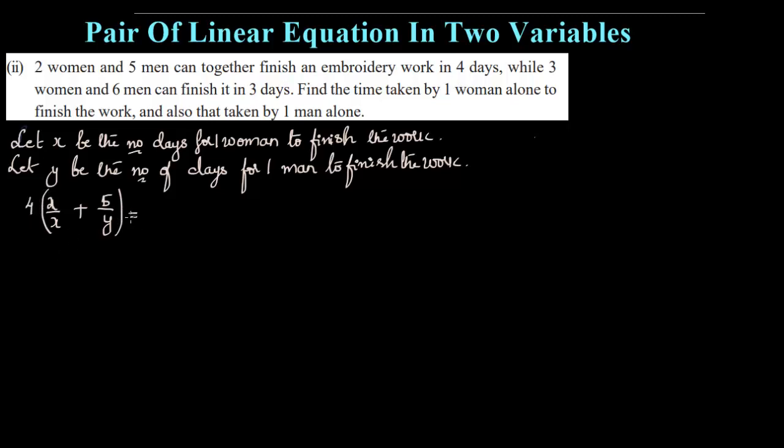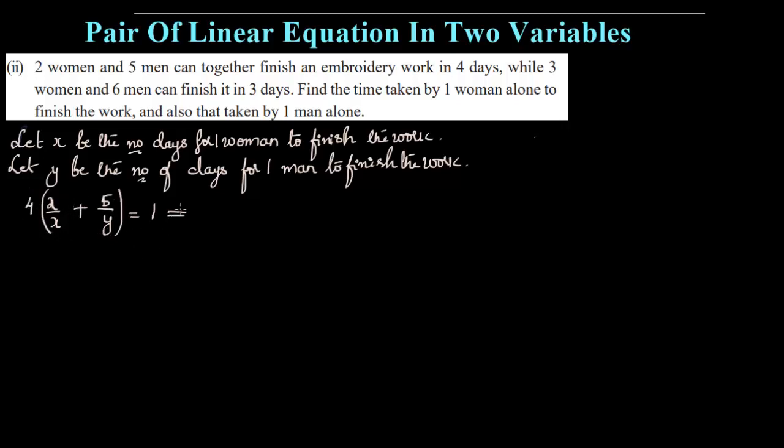And then it is equal to how much? It is equal to 1, because they are working to complete only one single work. They have one embroidery work and it is taking 2 women and 5 men to complete this work in 4 days. So it is one single work which is getting completed. So this is one equation you can get.